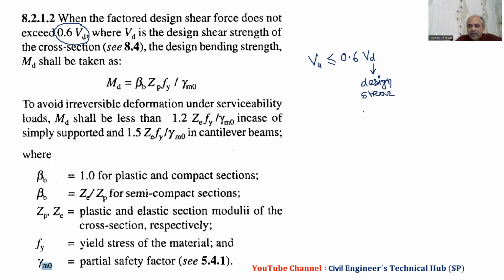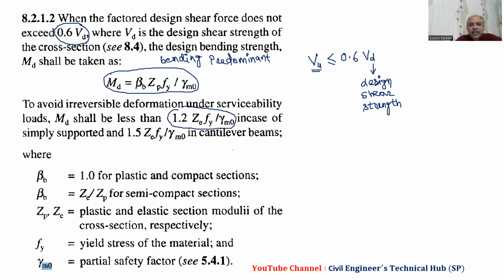If my VU, the ultimate shear force, is less than 0.6 VD, then we say bending is predominant. When bending is predominant, we use this value of MD by this formula, beta B ZP Fy upon gamma m, and this value shall be less than 1.2 ZE Fy upon gamma m.